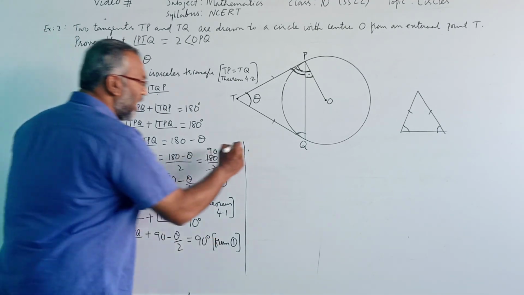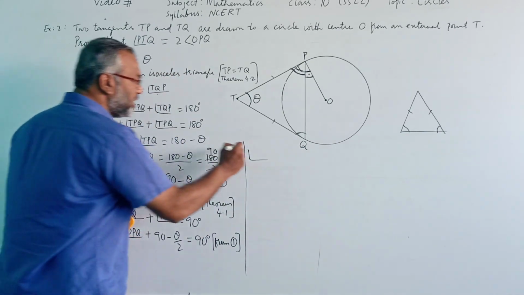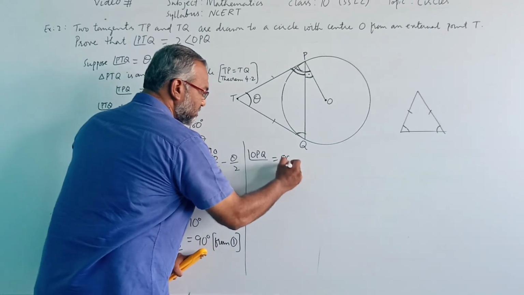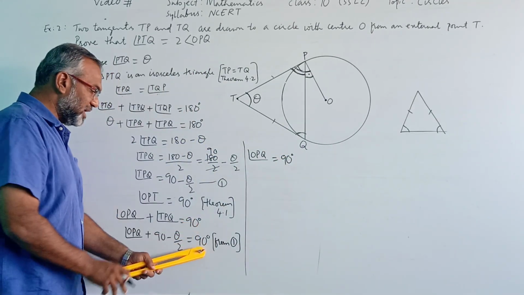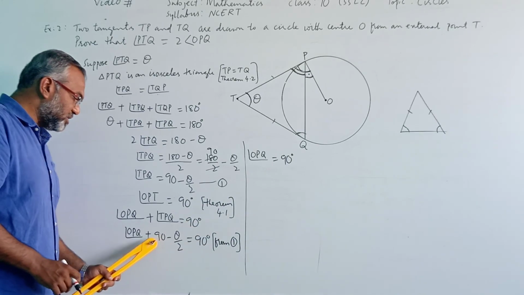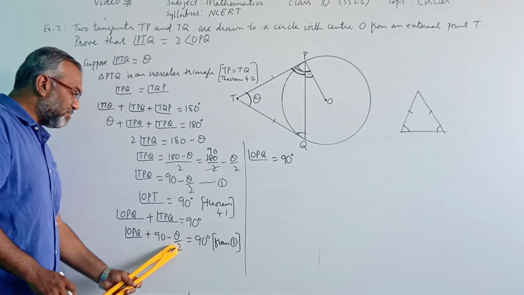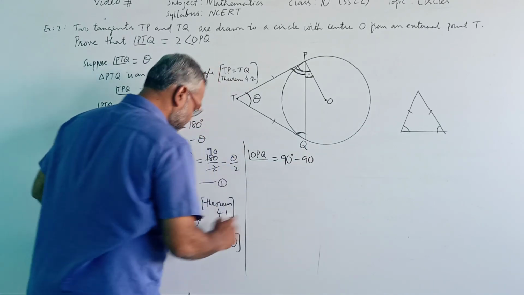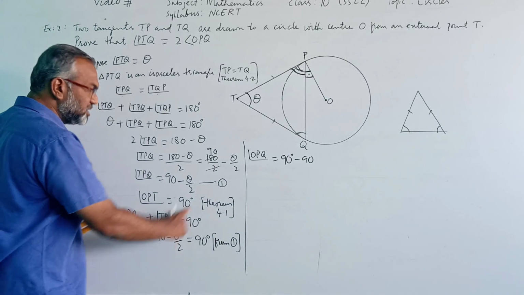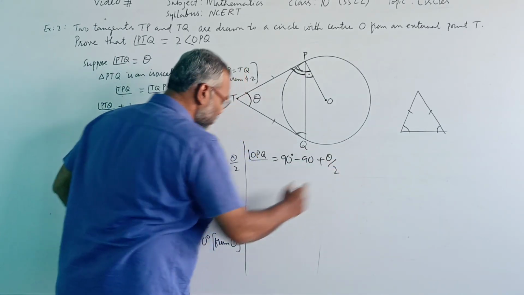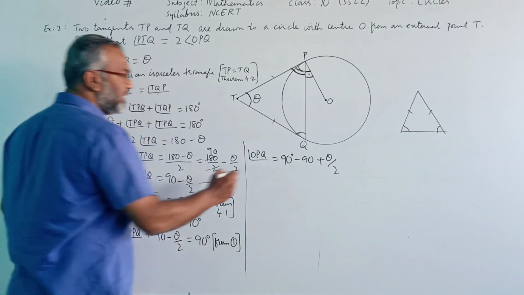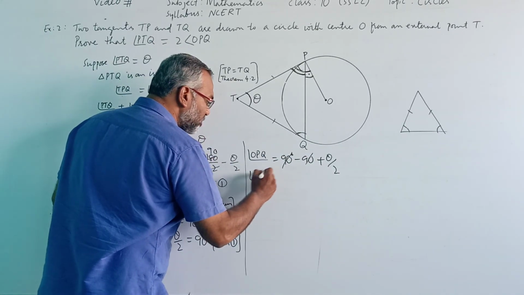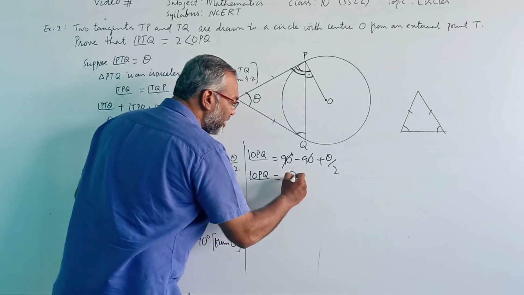Now take this here. It becomes angle OPQ is equal to this 90 as it is. If I transfer this here, this plus 90 will become minus 90, and minus theta by 2 will become plus theta by 2 on transferring to the RHS, right? Now these two will get cancelled. So it becomes angle OPQ is equal to theta by 2.